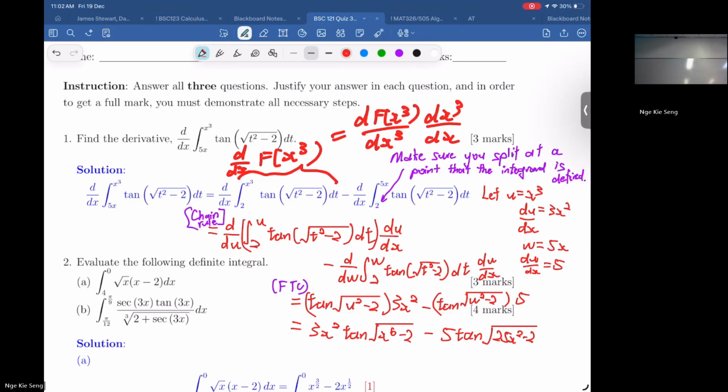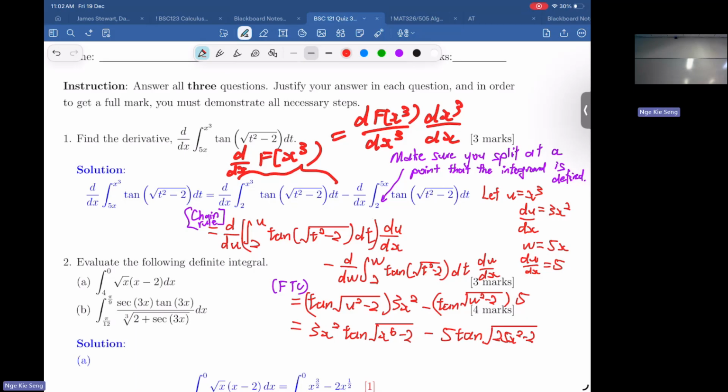Really. Otherwise, you're going to lose marks again. Make sure you understand what's going on here. You need to use chain rule. You need to use the fundamental theorem of calculus.